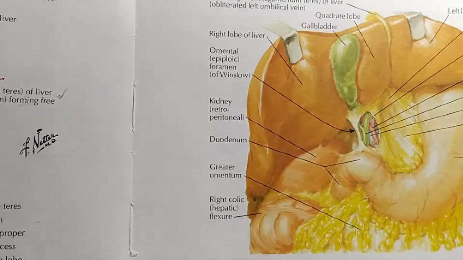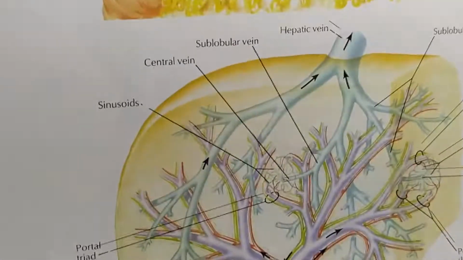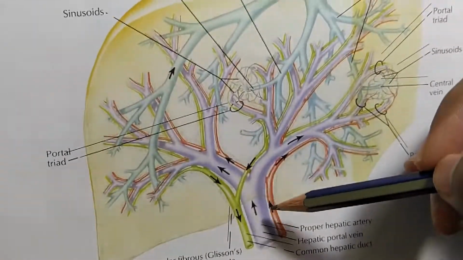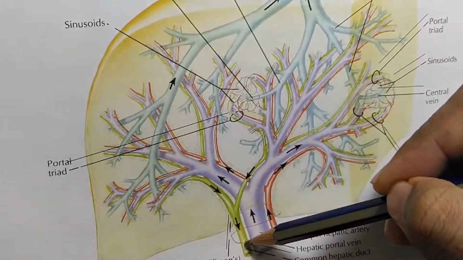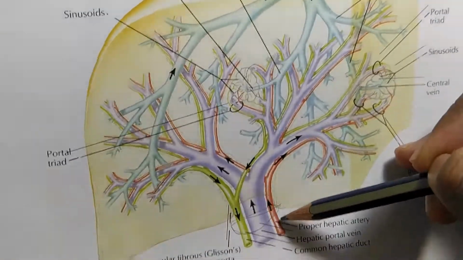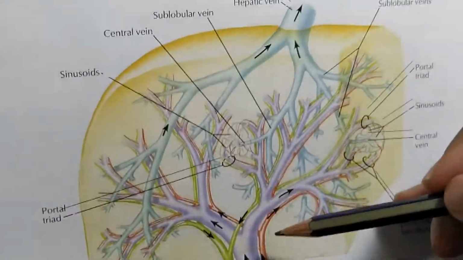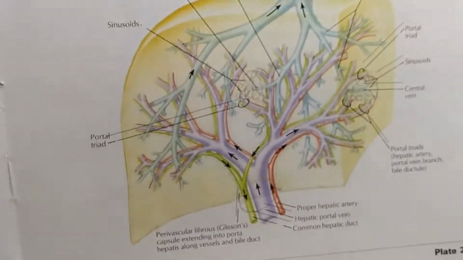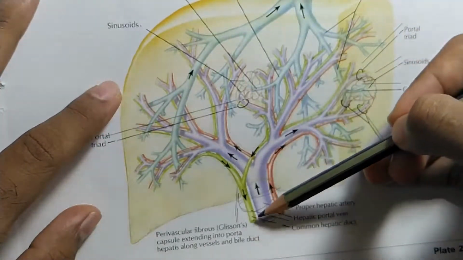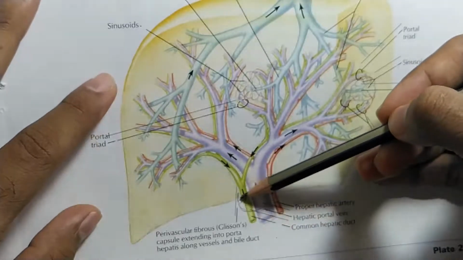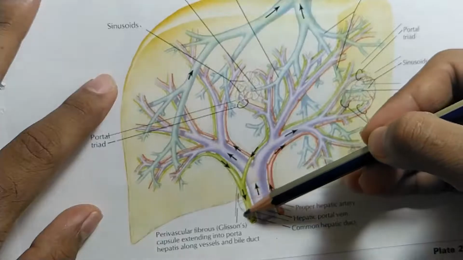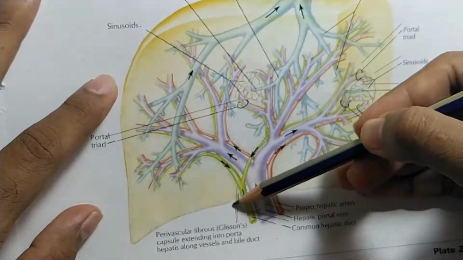Now the vascularity. Okay, this is the portal triad, where three structures, the hepatic artery, the portal vein, and the common hepatic duct, together are called the portal triad.